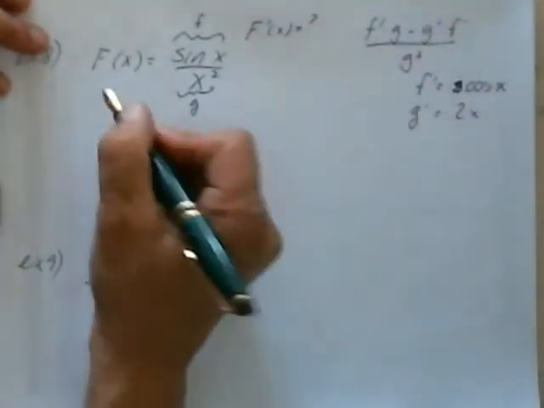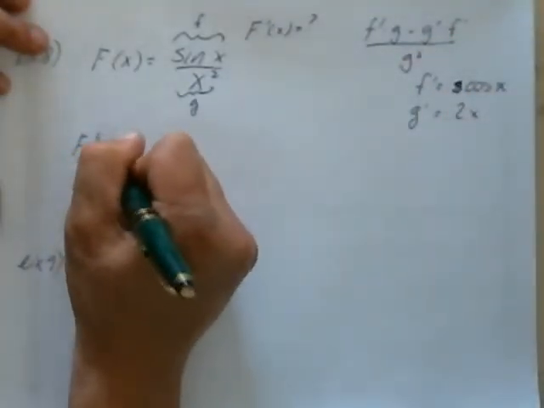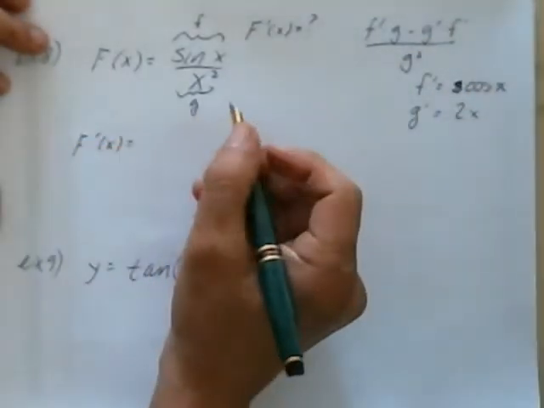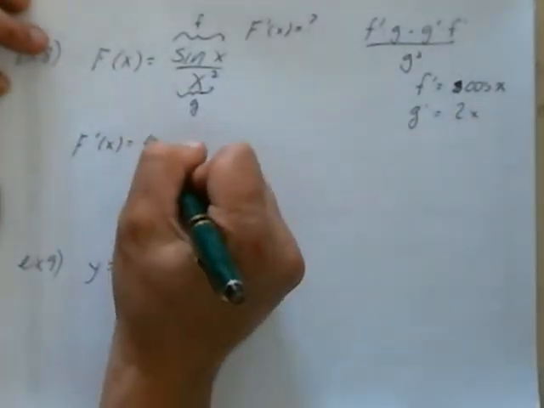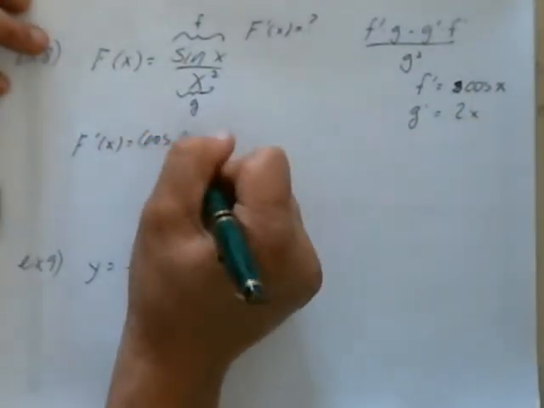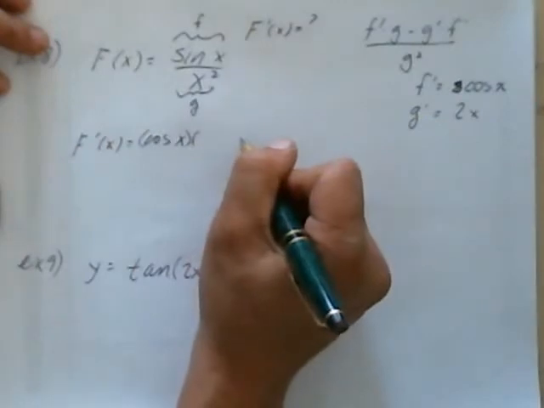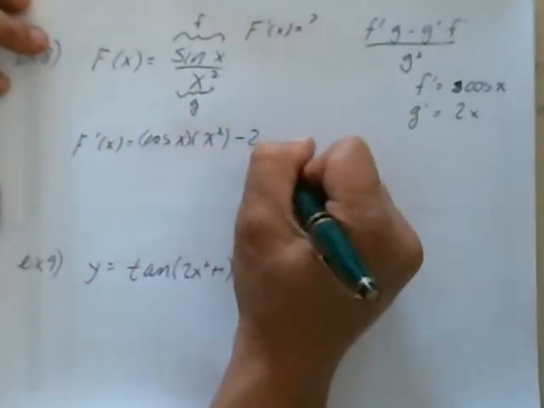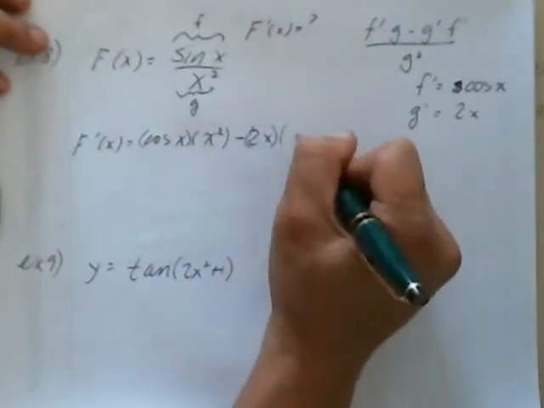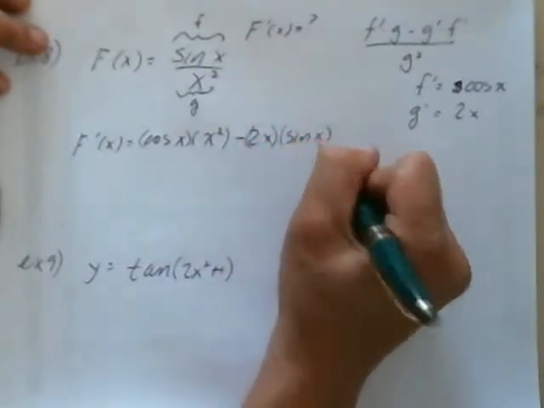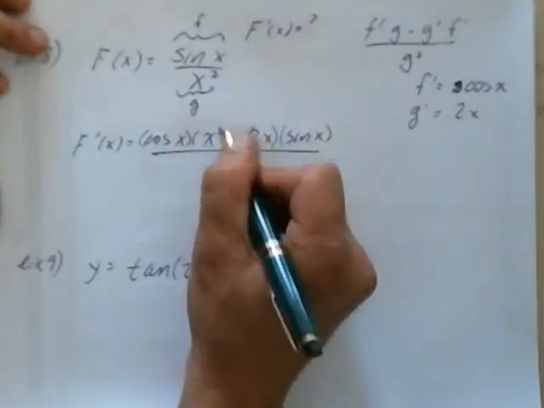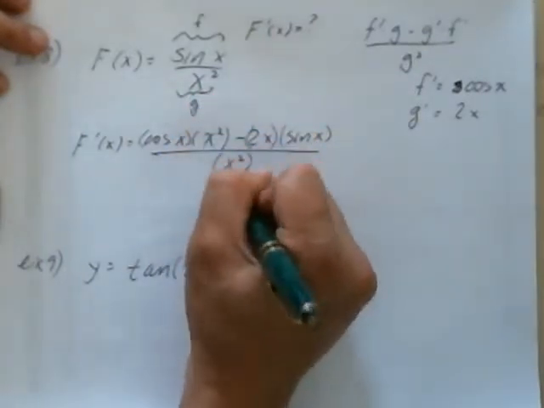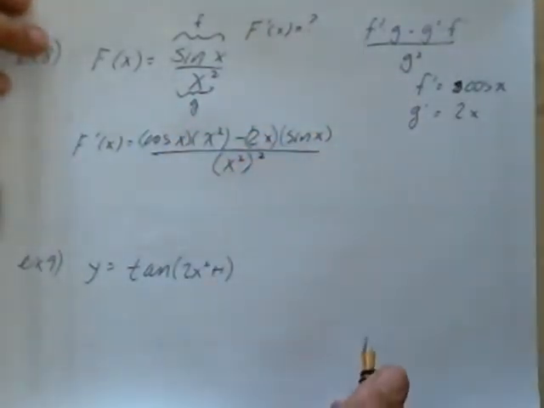It kind of guides me in the right direction. So f prime of x is equal to little f prime, cosine of x, times g of x, which is x squared, minus g prime, which is 2x, times sine of x, all over x squared squared.